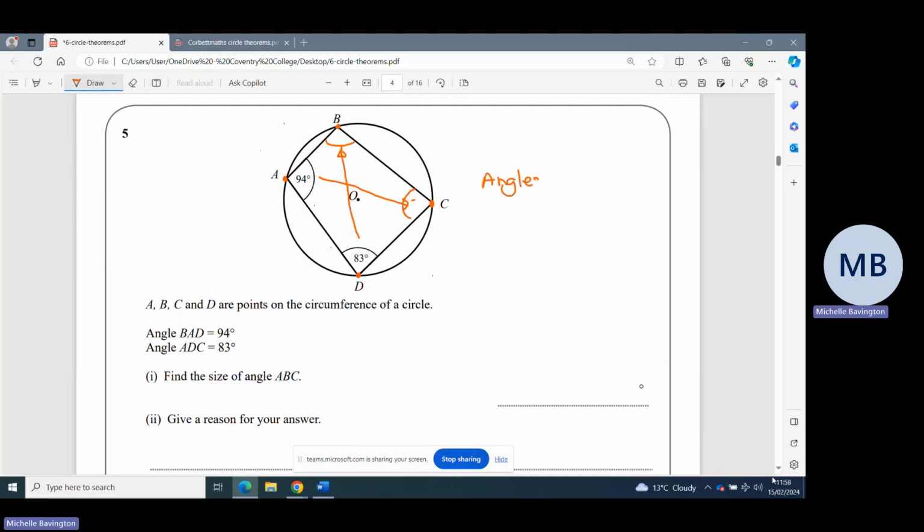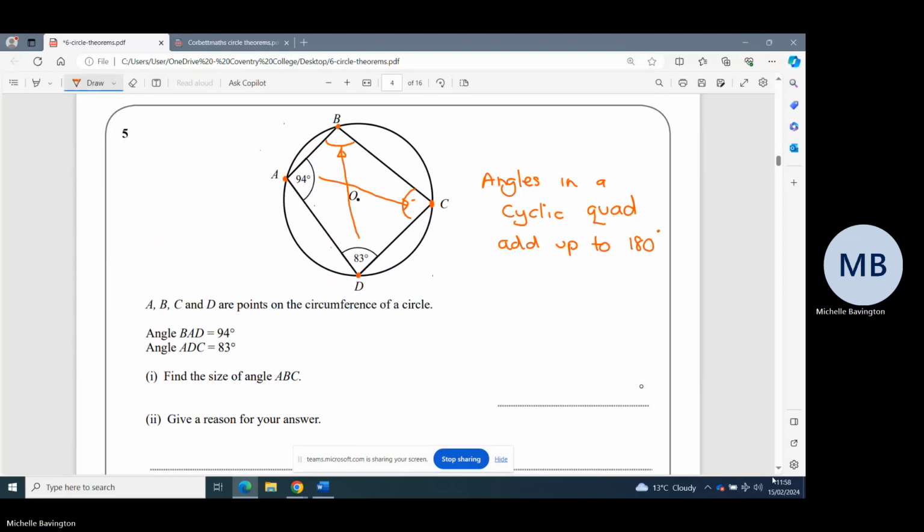So let's write the reasons. Angles in a cyclic quad. Remember, it's quadrilateral, but I'm shortening it. Add up to 180 degrees. So I'm going to show my working out. What does it want?